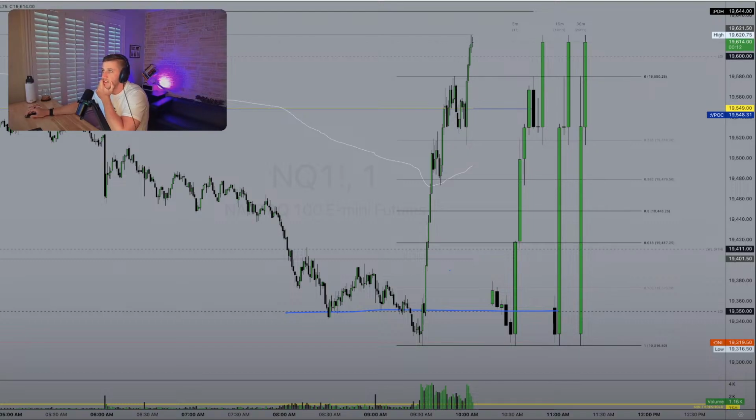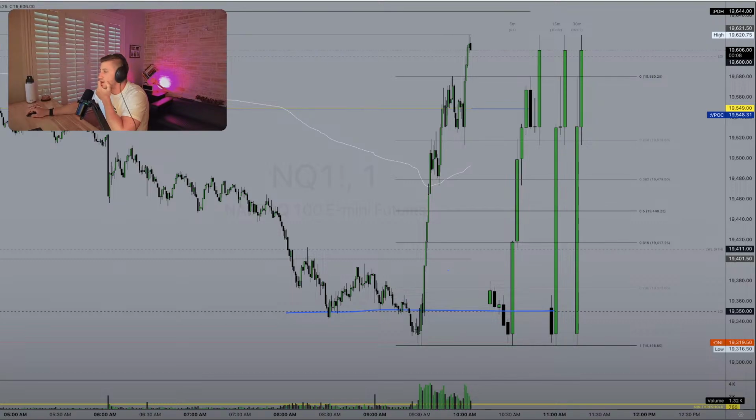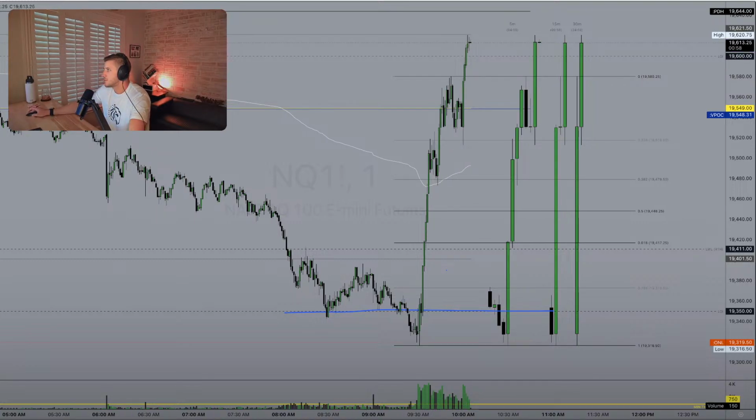NQ's up and through 600. Prior day high 644, just overhead. Yeah, same, Benny. Staying patient here.